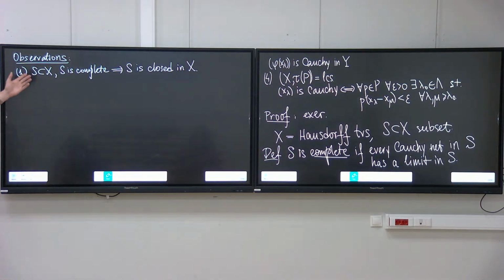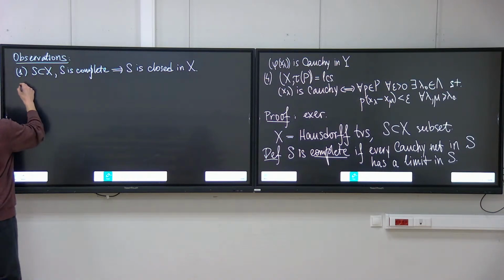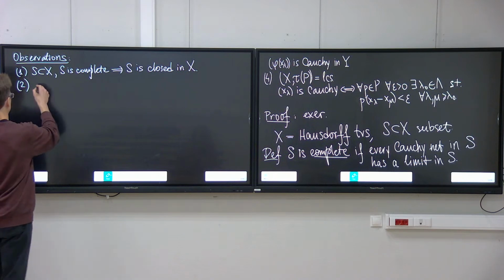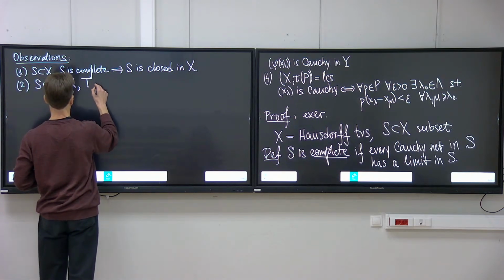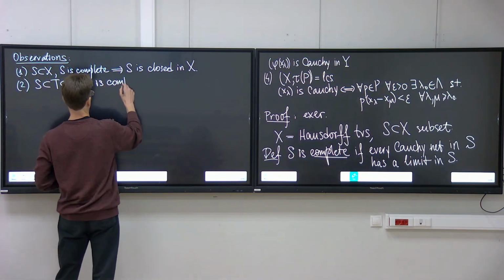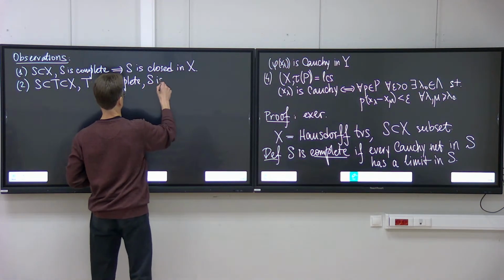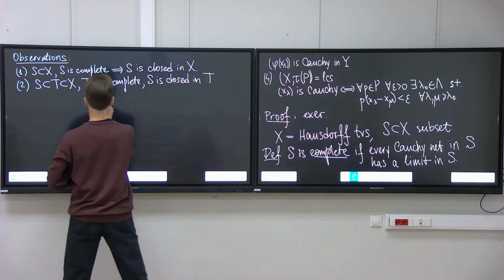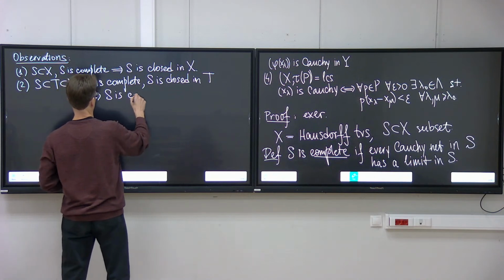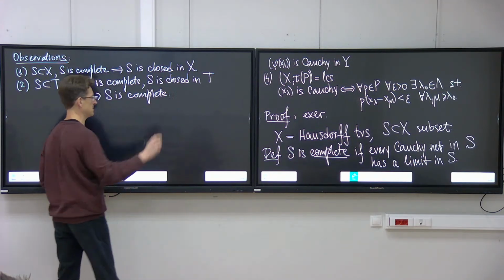Because otherwise, if it is not closed, then we can choose a net in S which converges to a point which doesn't belong to S. And this will be a Cauchy net which has no limit in S. Property 2: if S is contained in another set T, and T is complete, and S is closed in T, then S is complete. This follows directly from the definition.